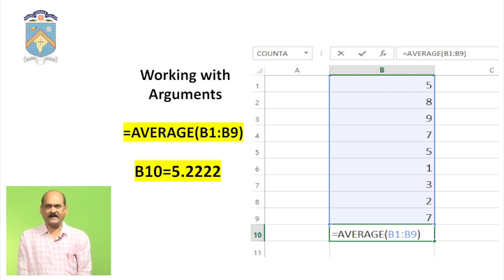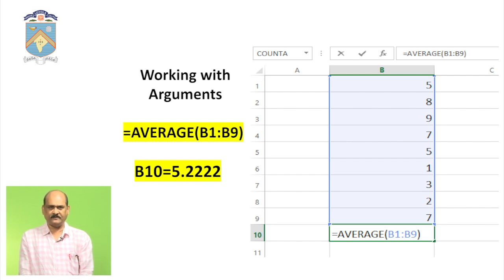So Excel understands that the user is trying to calculate the average of these 9 numbers from B1 to B9, and the total is taken and divided by 9, and the result is displayed in B10, that is 5.2222.